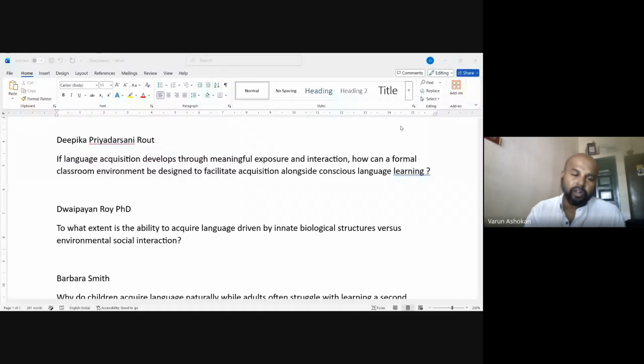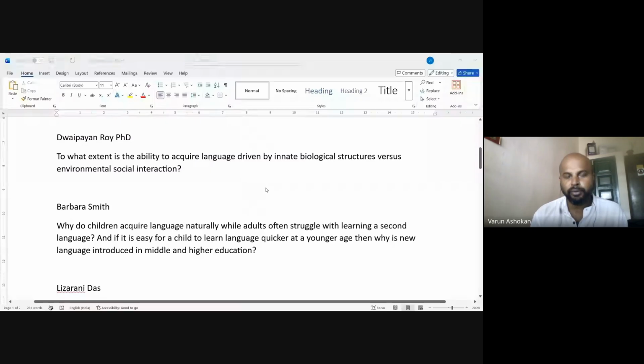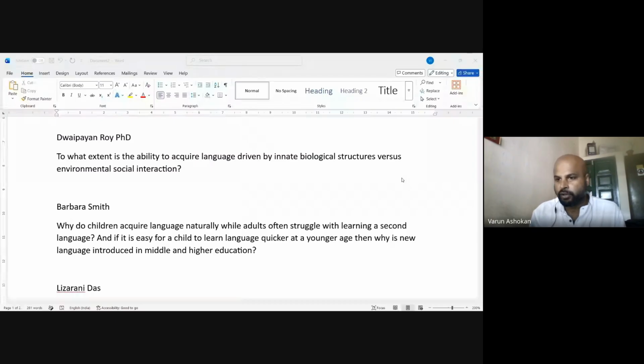I understand there are a lot of challenges that may happen in the classroom, but slow and steady wins the race. You allow the child to use the language, and one day the child will master the language, which I was talking about in Stephen Krashen's experience.